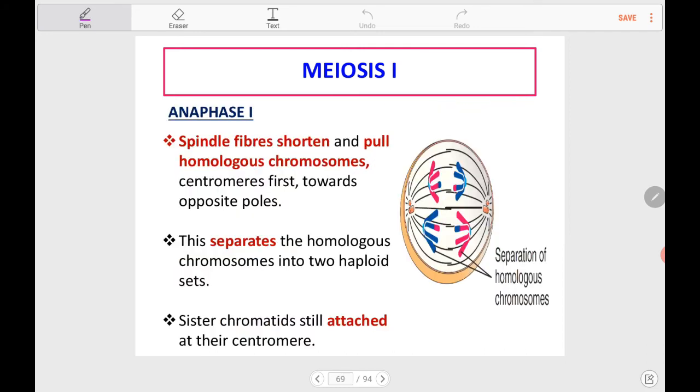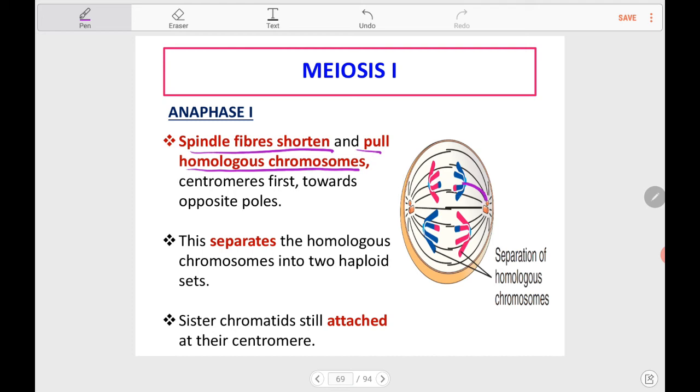The next stage of meiosis 1 is Anaphase 1. So during Anaphase 1, spindle fiber will start to shorten and pull homologous chromosomes towards the opposite pole. Oleh kerana in previous stage, which is metaphase 1, only one of the centromere attached to the spindle fiber from one pole.